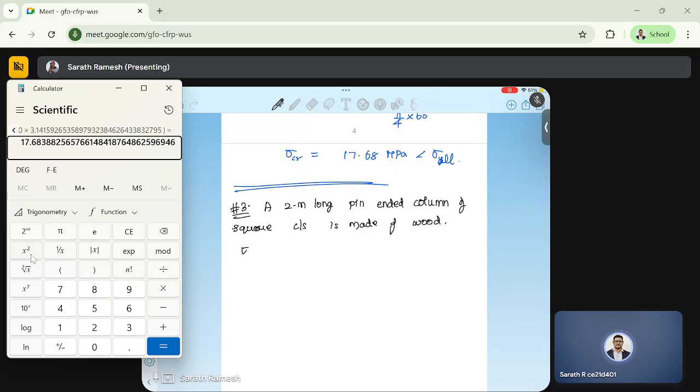E is 13 gigapascal for wood and allowable stress is 12 megapascal. The factor of safety is 2.5, right?